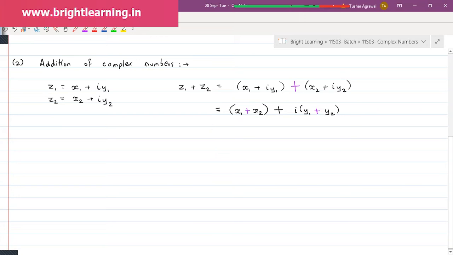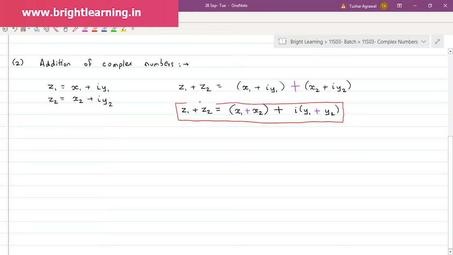Okay. So now, if this is the definition of z1 plus z2, I hope there is nothing complicated in saying that, sir, since z1 plus z2 means we know that x1 plus x2 is equal to x2 plus x1, and similarly also, y1 plus y2 is equal to y2 plus y1.